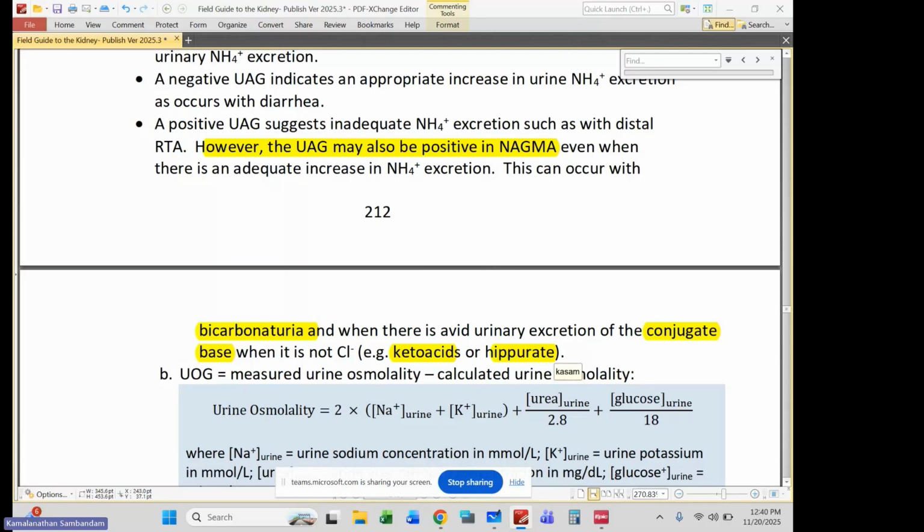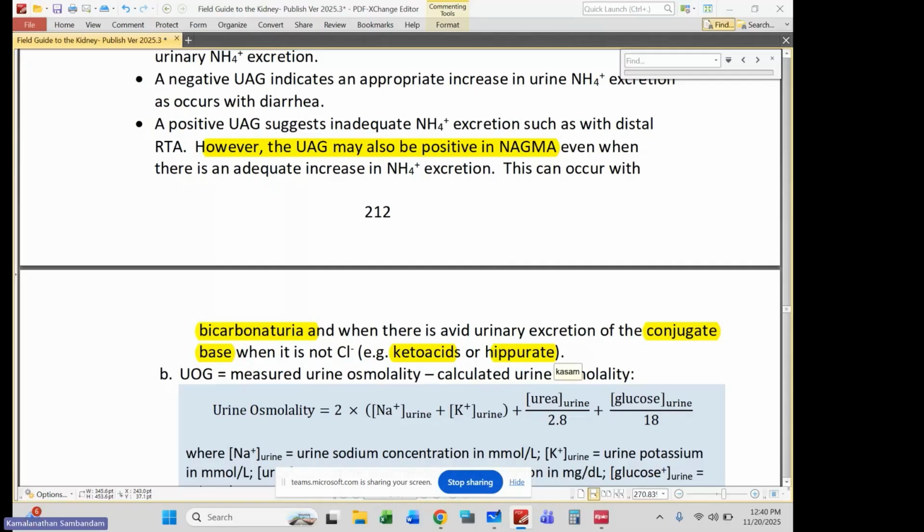But if I have keto acids in my urine or hippurate in my urine, you don't typically have much lactate in the urine. Sometimes you can, but your kidney reabsorbs a lot of the lactate that is being produced in lactic acidosis. But in certain circumstances, lactate can be a meaningful contributor to this confounder. Generally, it's not.